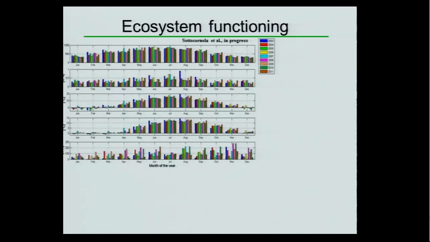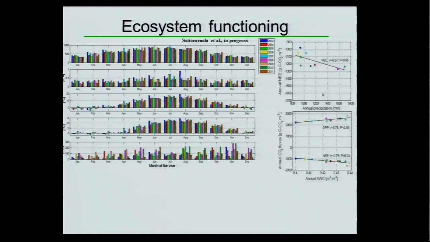If we combine this information with environmental and meteorological parameters that we also measure at these sites, like radiation, temperature, precipitation, and soil water content, we can start analyzing and understanding the main meteorological and environmental drivers that explain the variability of these CO2 fluxes.